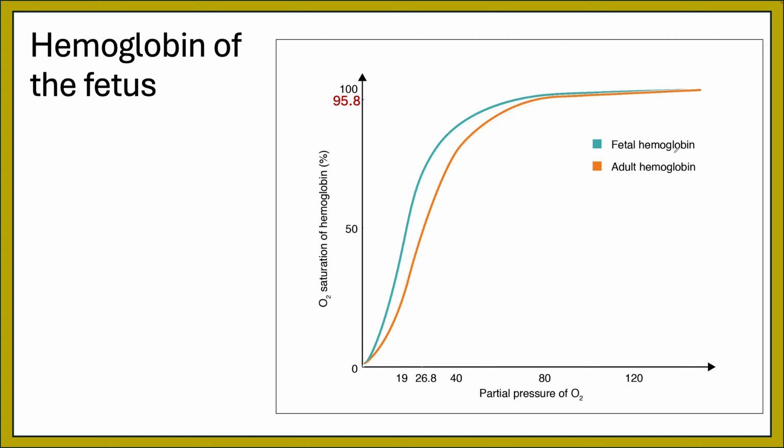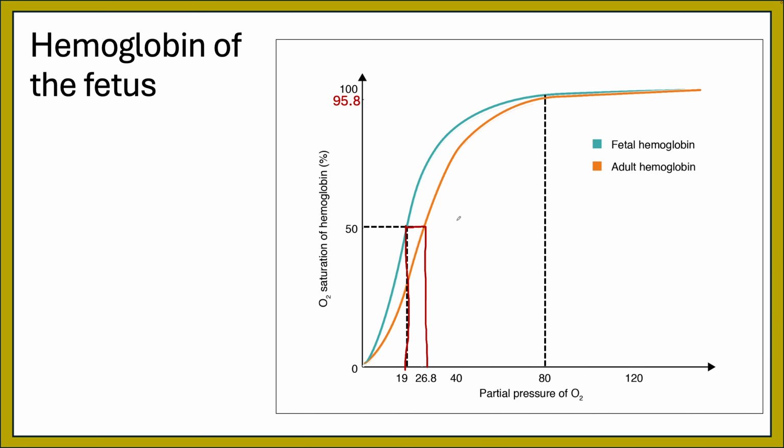And so you see that the fetal hemoglobin is going to actually be leftward shifted here, meaning that it has a higher affinity. It takes a lower partial pressure of oxygen to become 50% saturated than it does with the parents.